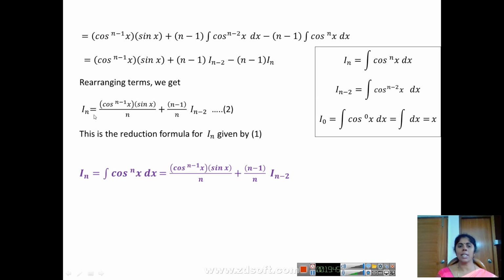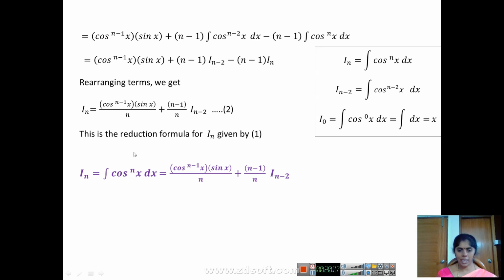It yields In equals cos to the power n minus 1 of x into sin x, whole divided by n, plus n minus 1 whole divided by n into In minus 2. This is the reduction formula for the integral of cos to the power n of x dx.